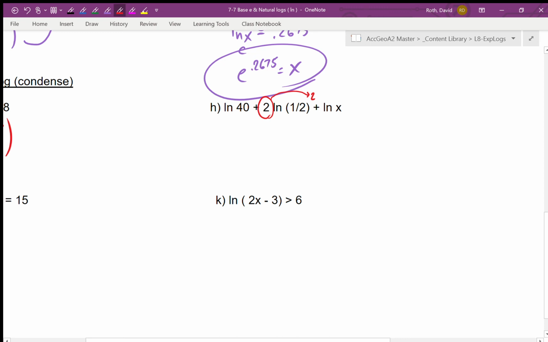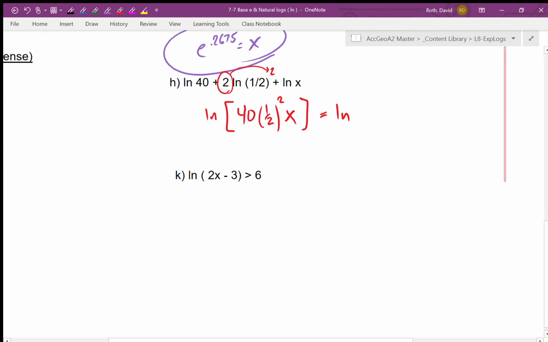Everything else is pretty normal, right? So that's the natural log of, put a bracket around it, 40 times 1/2 squared times x. Well, 1/2 squared is 1/4, so that'd be the natural log of 10x.